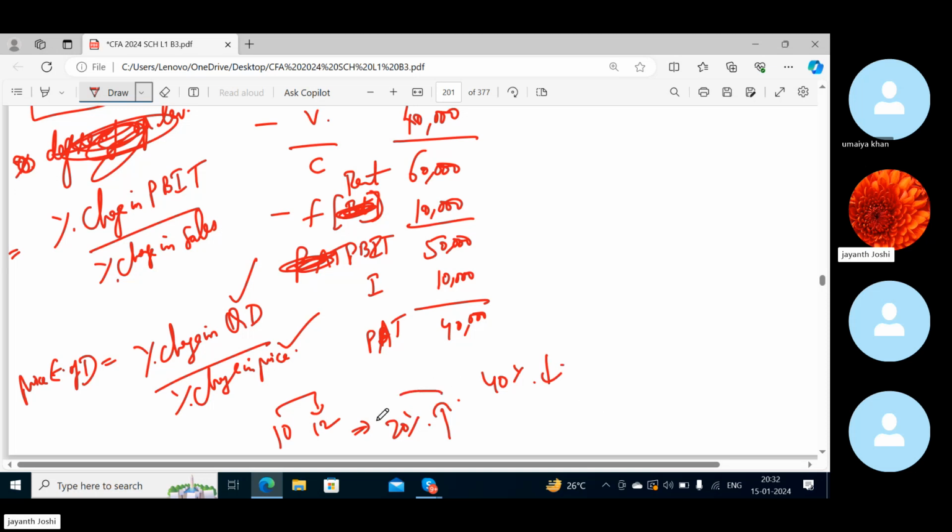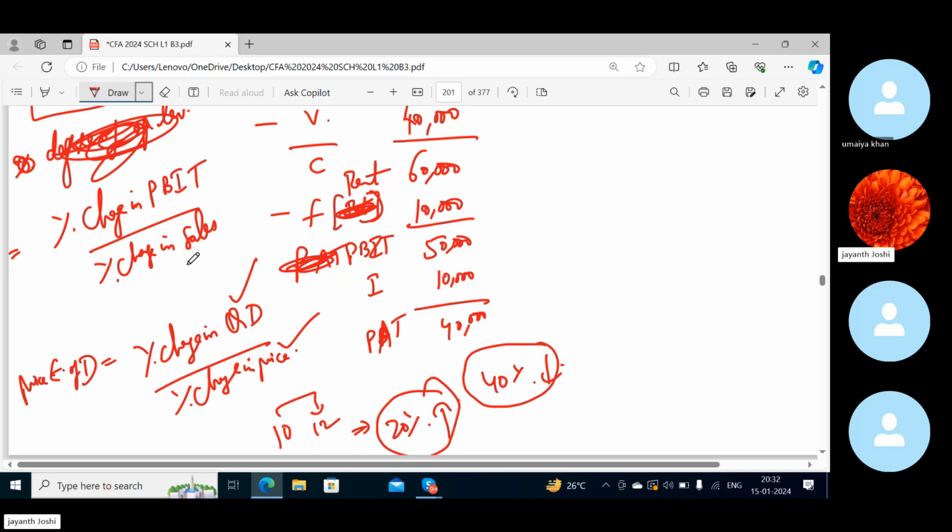For a change of 20%, double the change in quantity demanded, right? The relationship between price and demand is negative. When price increases, demand decreases. So if it is increasing by 20, it is decreasing by 40. The same concept is applicable here.